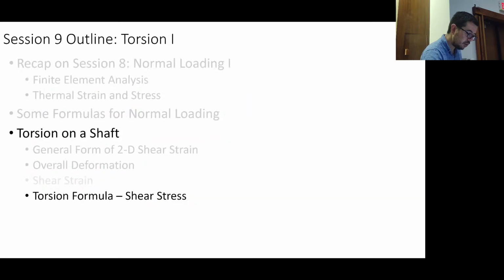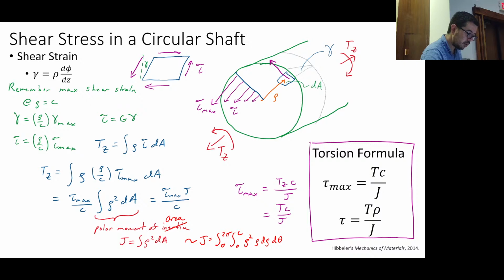Okay. Torsion formula. Now, we have this equation for gamma, and it's equal to rho d phi dz. We've said that the maximum shear strain happens at the outside of this cylinder, and we have gamma on the inside of this circular cross section.